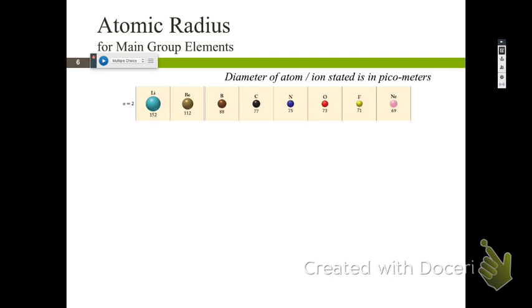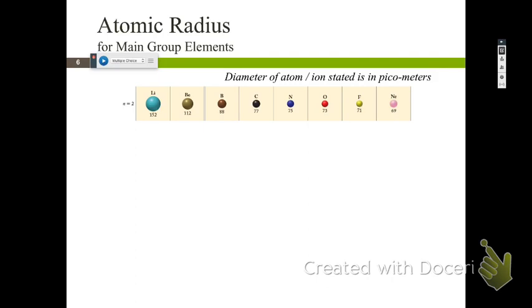Another proton, another electron. And so as we go all the way to the right, we have a significant number more protons, but we're in the same shell. The way I think about it, it kind of pulls everything down tight, and it keeps those more compact and more compressed when we're in those shells.